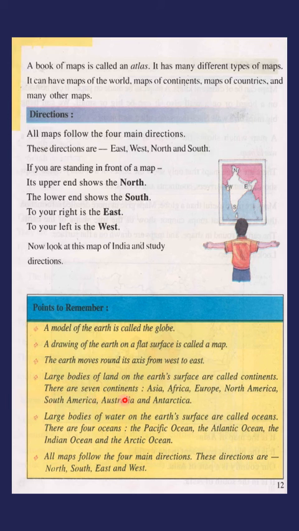There are 7 continents: Asia, Africa, Europe, North America, South America, Australia, and Antarctica. Large bodies of water on the earth's surface are called oceans. There are 4 oceans: the Pacific Ocean, the Atlantic Ocean, the Indian Ocean, and the Arctic Ocean.